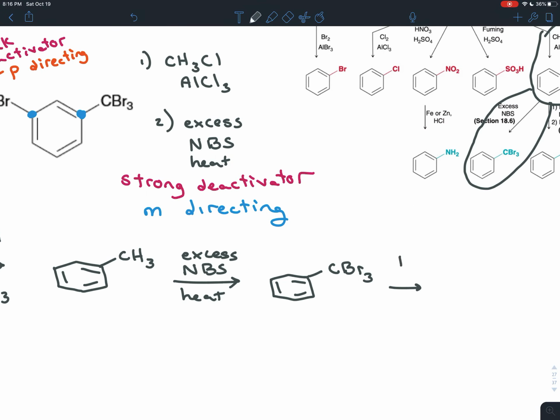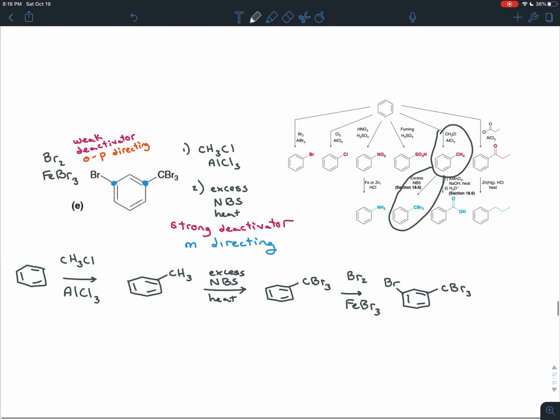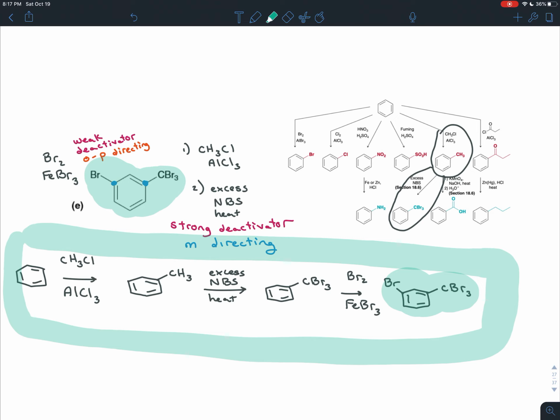So now we can add the bromine, Br2, FeBr3, and the bromine will add only on the meta position. And so we end up getting the product that we want. So this whole synthesis is how you can make that product.